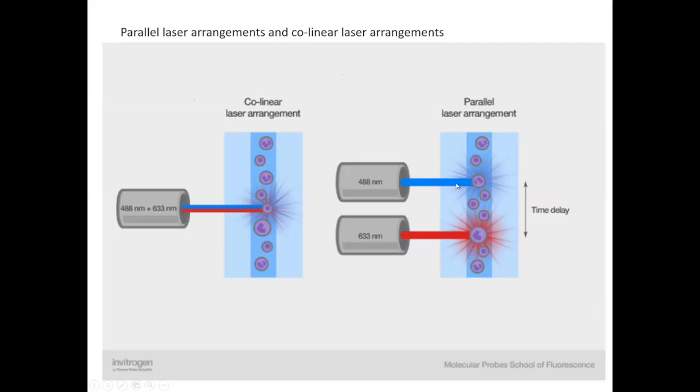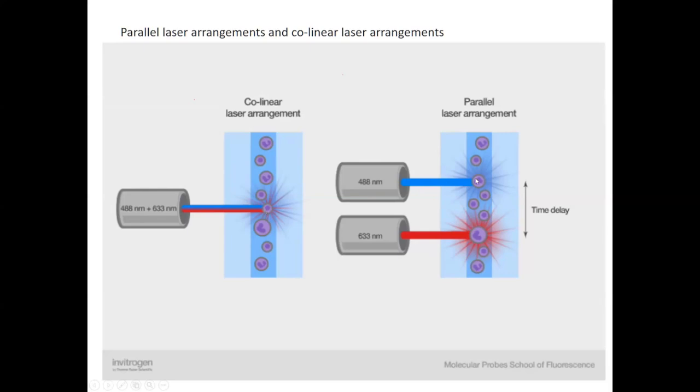The difference between these two time points is called laser delay or time delay. Now you tell me, which is the best configuration, collinear or parallel? Technically, I would pick the collinear laser arrangement, not parallel, because I want the data from that cell at that point of time.